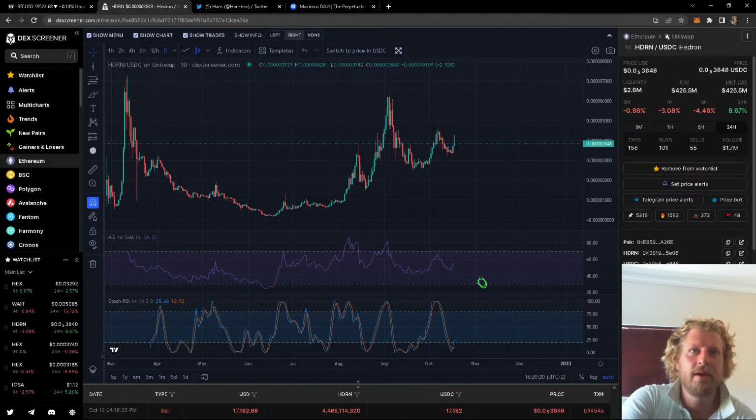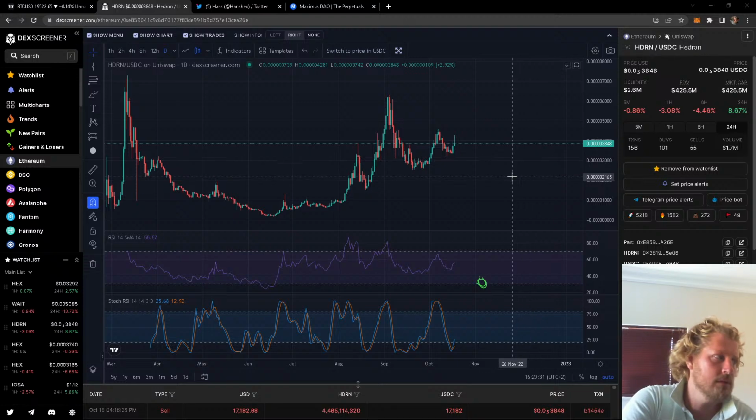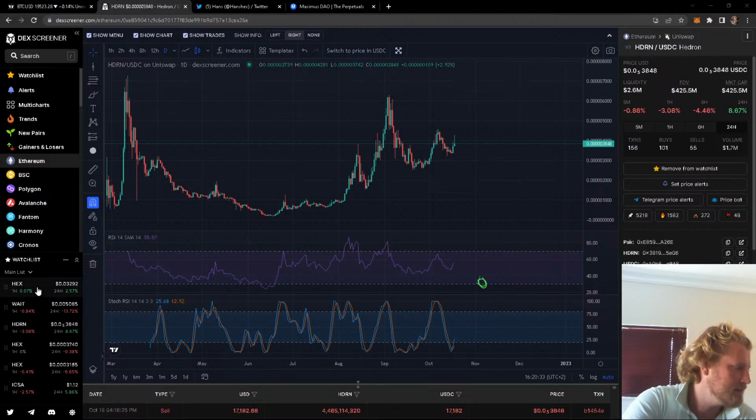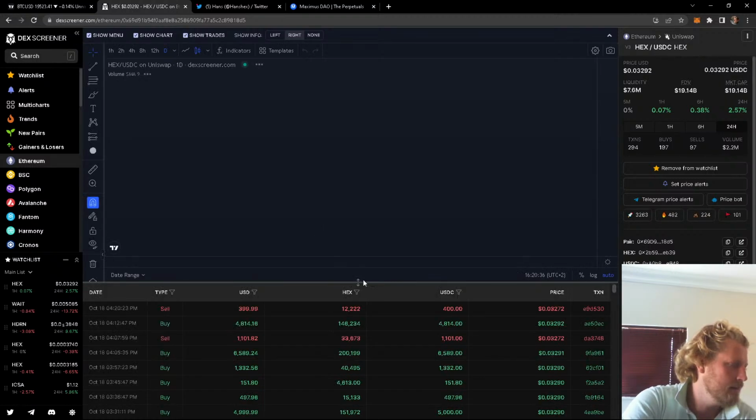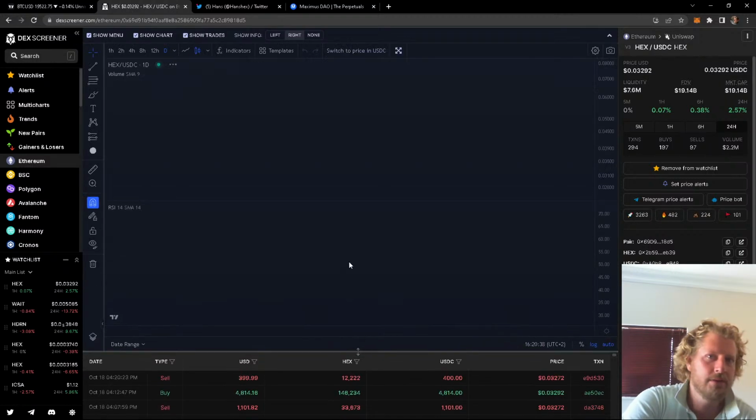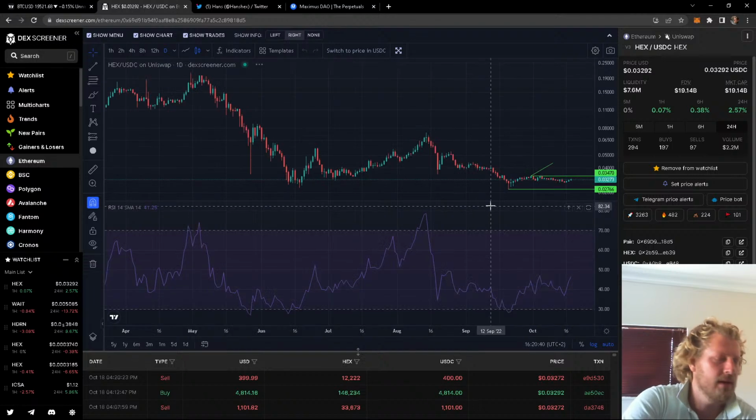I'm seeing a breakout of Hedron. Okay, yeah. You really think Hex will do a 10,000x? A 10,000x from here? What is a 10,000x from here? That's like $30. Yeah, dude.